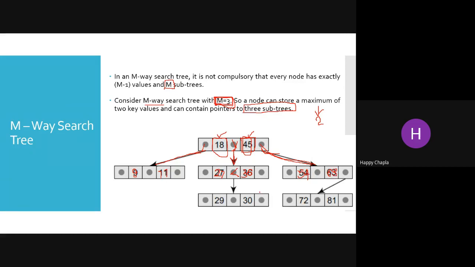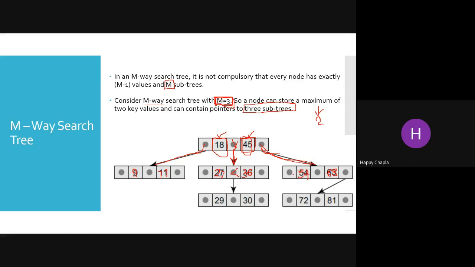Clear? Now if you want to insert 81. So where can you insert? 81 is greater than 18. Yes. But see over here 45. So इसके बीच में जो भी सब ट्री है that is always in between the range of, or you can say greater than 18 and less than 45. और जो भी 45 के राइट में है वो सारे के सारे greater than 45.